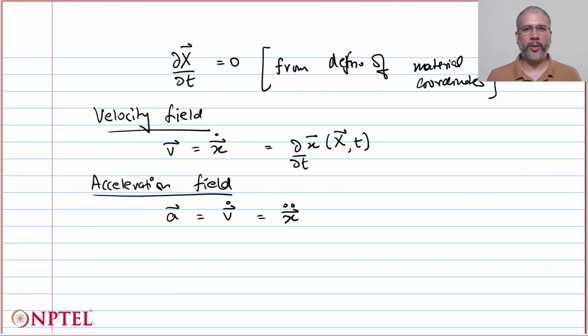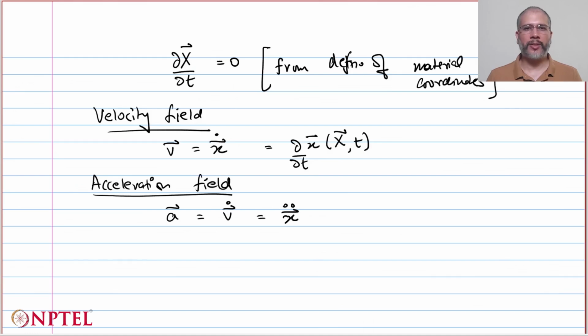They're not just coordinates of points, they're basically proxies for labels to different points in the body, which of course corresponds to the reference configuration. And spatial coordinates are more intuitive in nature because they simply denote the position of different points in space at different times.